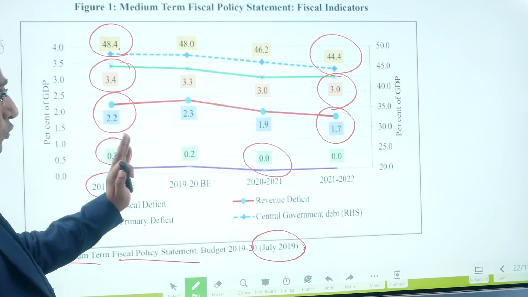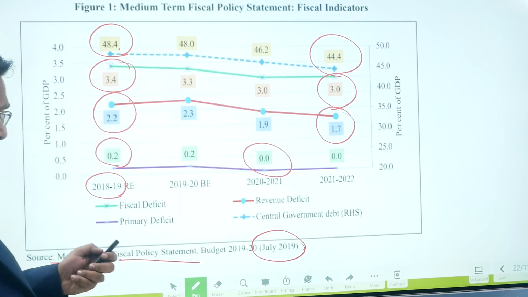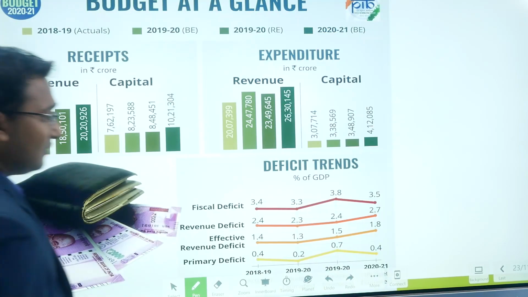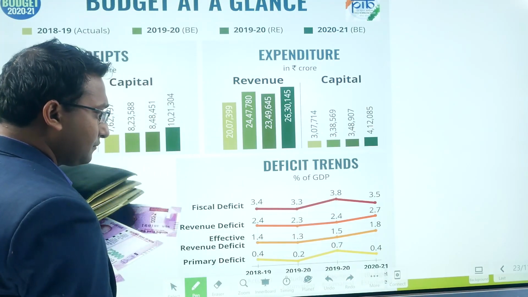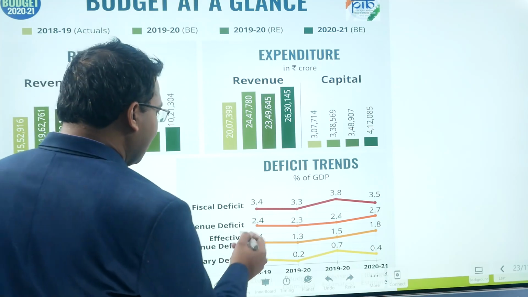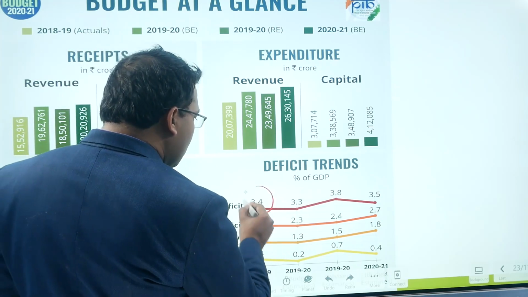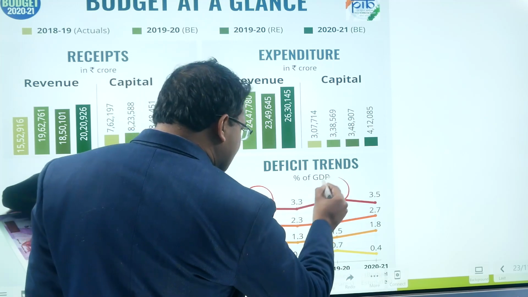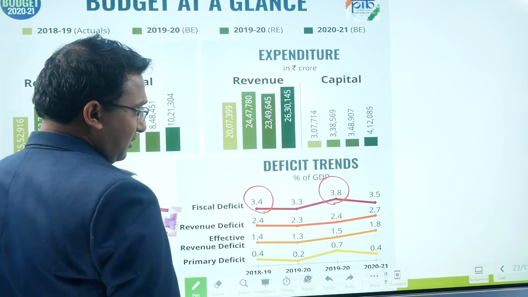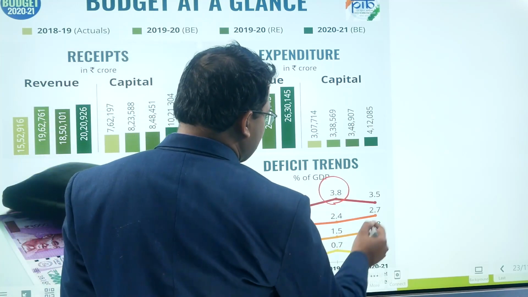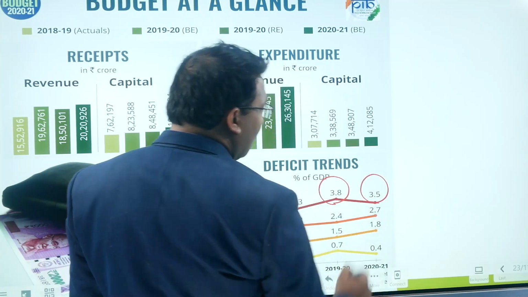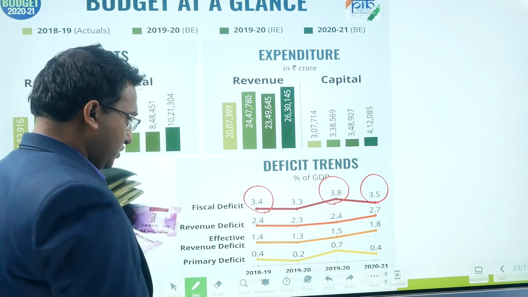This was the proposed statement for the next 4 years. But in reality, now the government is saying that fiscal deficit will increase in 19-20. It will increase to 3.8% and in 2021 it can be reduced.